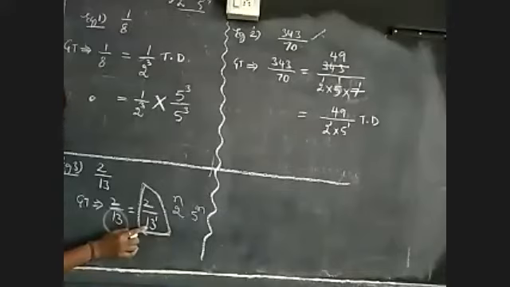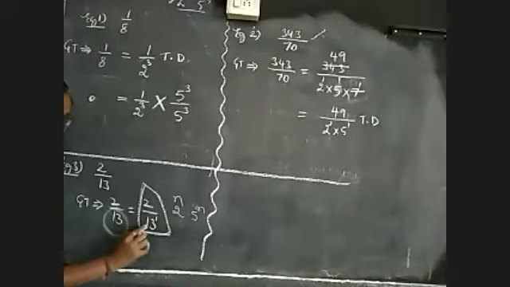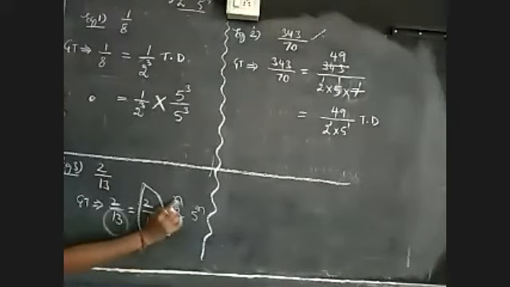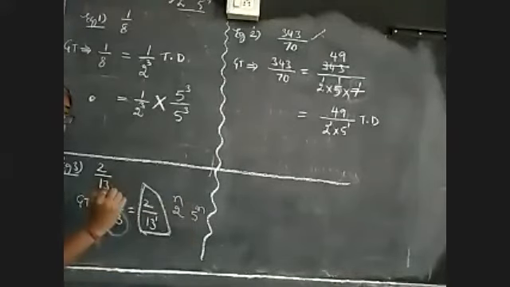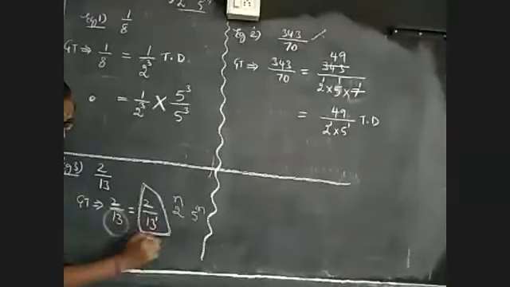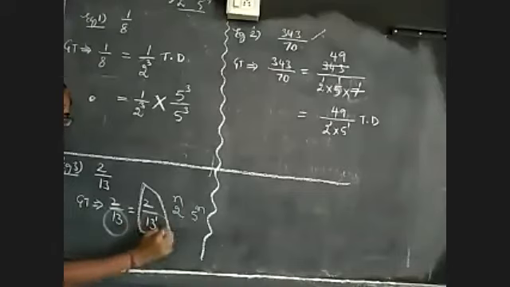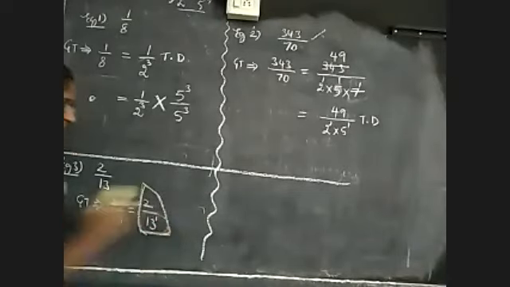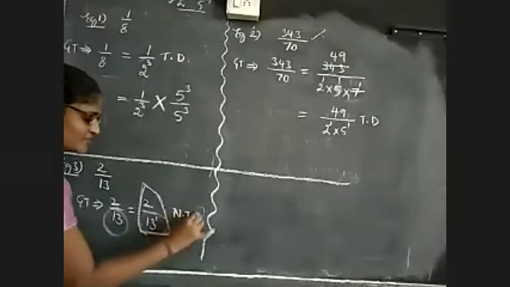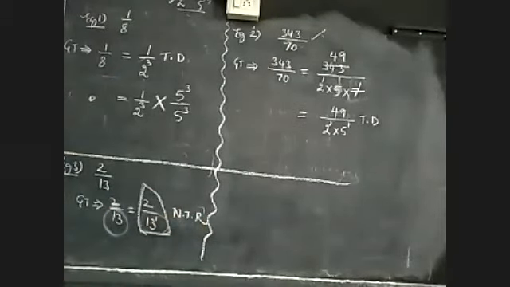But you see in this problem, the prime factorization of 13 as 13 power 1 is not in the form of 2 power n, 5 power m. That means if the prime factorization of Q is not in the form of 2 power n and 5 power m, as per the second theorem, the decimal expansion of this number is non-terminating decimal.